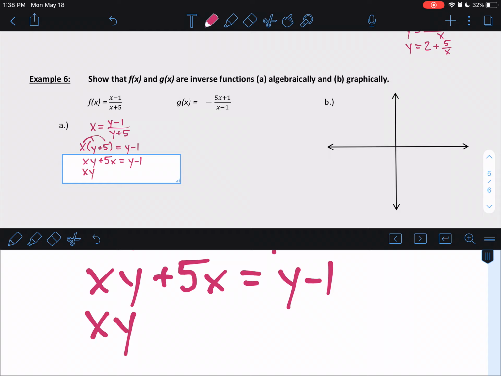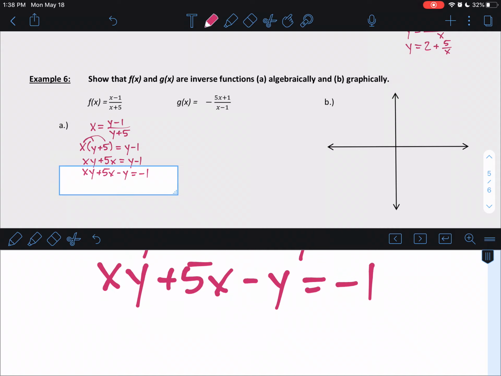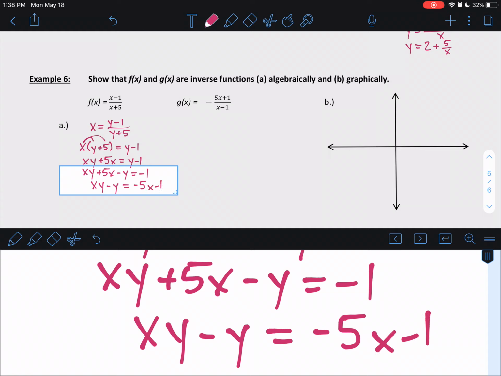So I got xy plus 5x minus y equals negative 1. And now I'm going to subtract 5x from both sides. And that is going to give me xy minus y equals negative 5x minus 1.